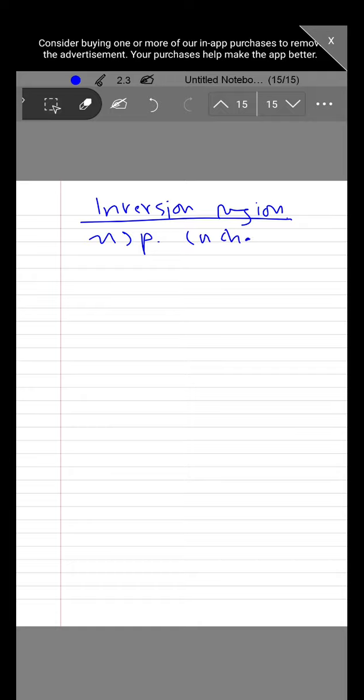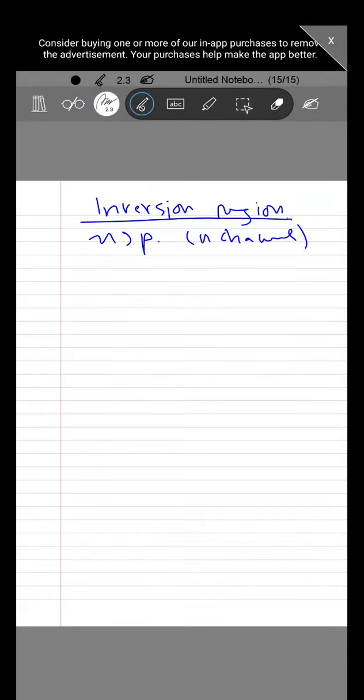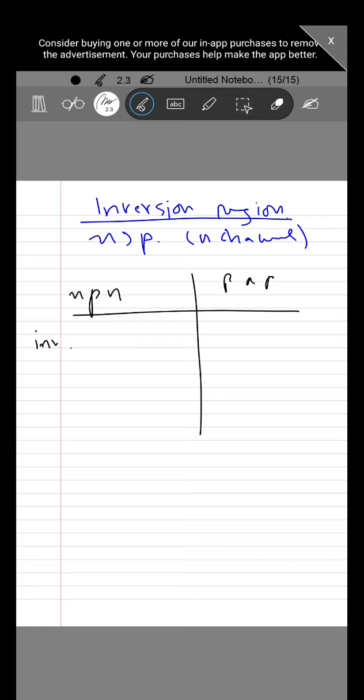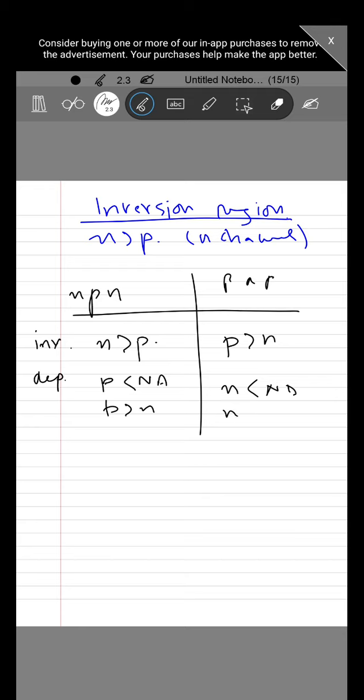This actually becomes exactly opposite for a PNP type. So if you draw a table with an NPN and compare it with PNP, for the inversion region, for an NPN, N is greater than P. For a PNP, P is greater than N. Whereas for the depletion region, for an NPN, P is less than Na, and P is greater than N. For a PNP, N is less than Nd, and N is greater than P.